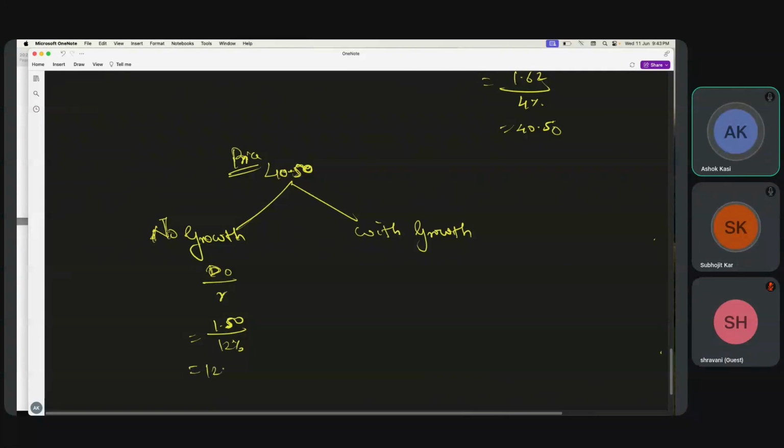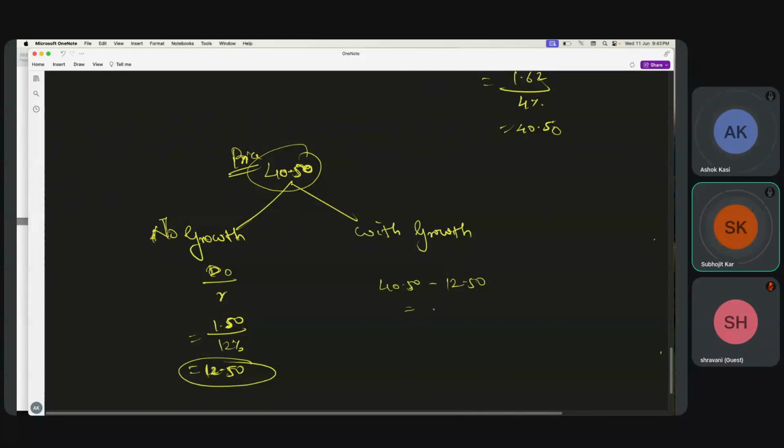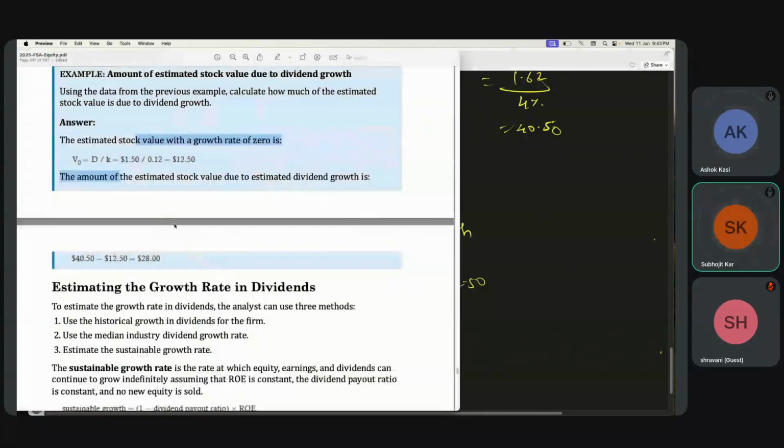So that means if the company wouldn't have been growing, its stock price would have been 12.5. But now it is 40.5. So the remaining price is for the growth. So remaining is what? 40.50 minus 12.50. It's 28. 28 is because of the growth. Okay, so due to dividend growth, market is willing to pay 28 rupees extra.